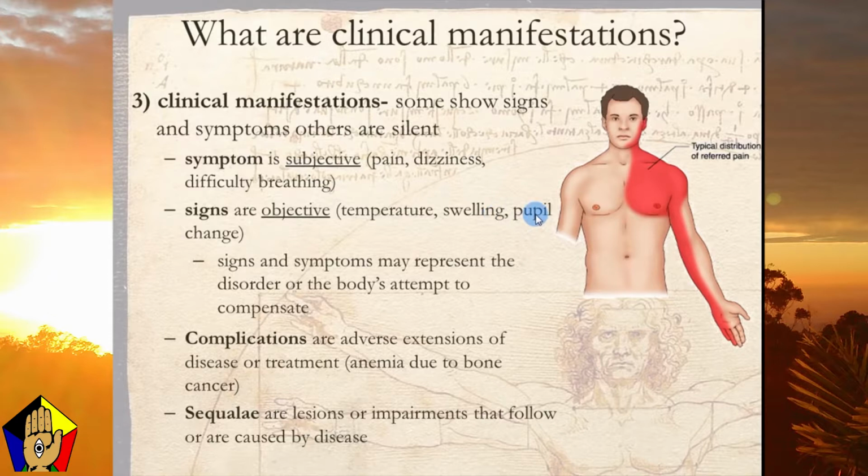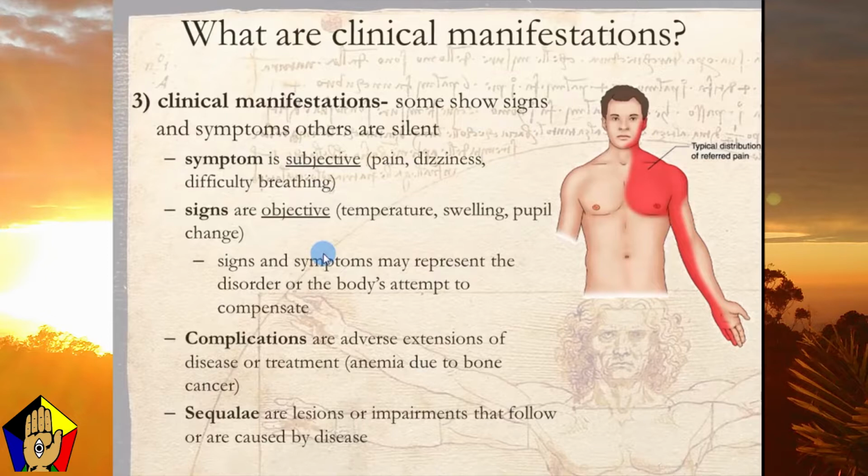These are things that you can directly measure if you wanted to. So signs are things that are objective. They're things you can measure. Signs show that the body is compensating for something. There's something broken in the body, and the body's trying to change to it. Right? And we'll talk about adaptations in the body that you're trying to compensate for later.